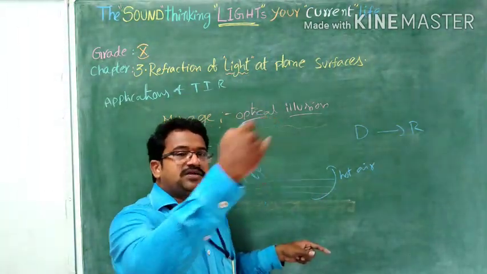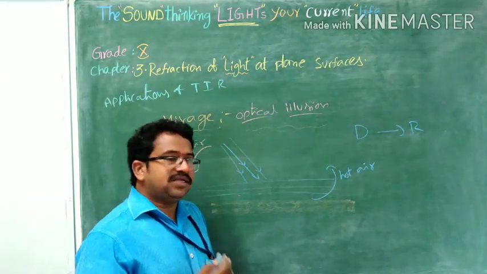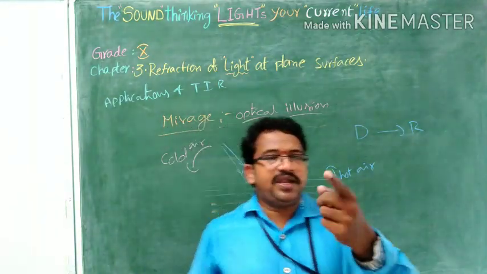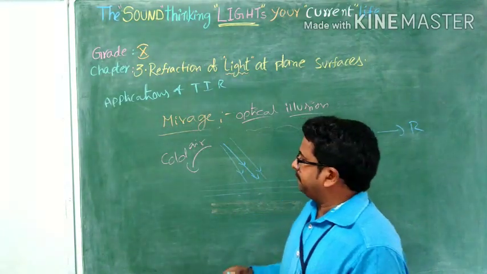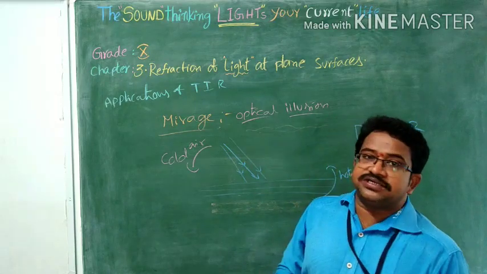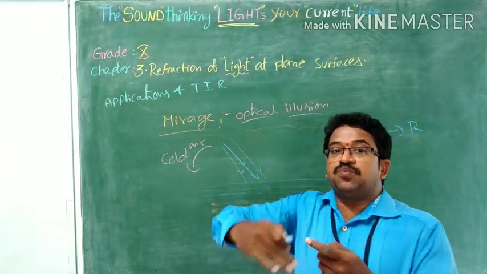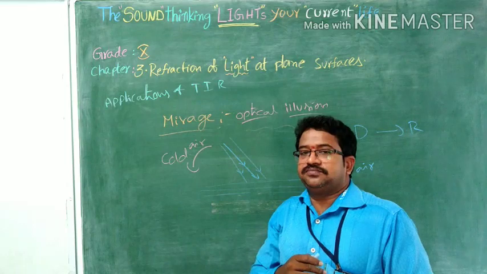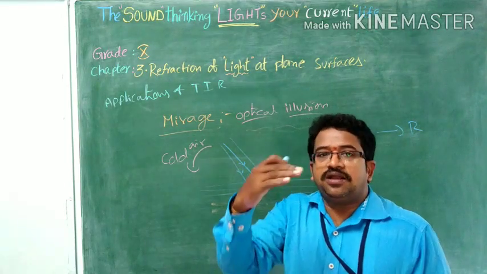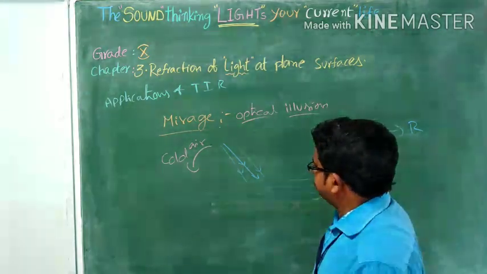Cold air is denser and hot air is less dense. So when the light goes from denser to rarer, if the angle of incidence is more than the critical angle, then what happens? Total internal reflection takes place.